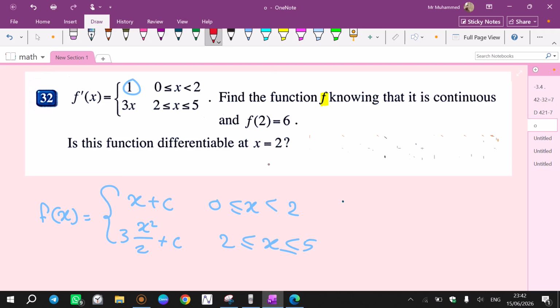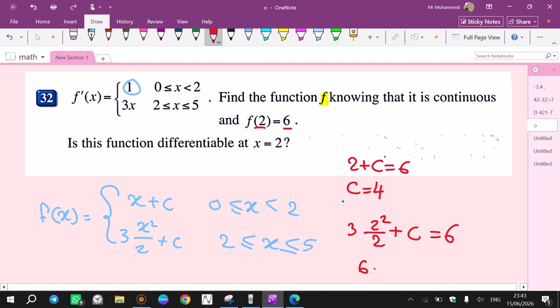See how easily I can find c. Replace x with 2. 2 plus c equal to 6. 2 to the other side, c equal to 4. And for the other piece, I use the same point. Input 2, equalize to 6. 3 times 2 squared over 2 plus c equal to 6. 2 squared is 4, divided by 2 is 2. 2 times 3 is 6. 6 plus c equal to 6.